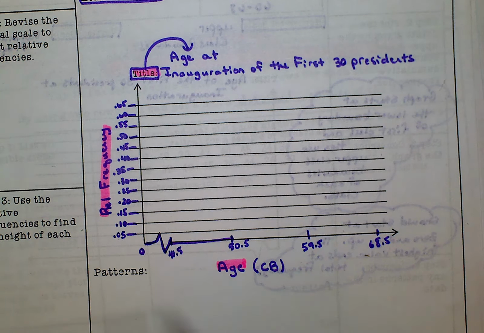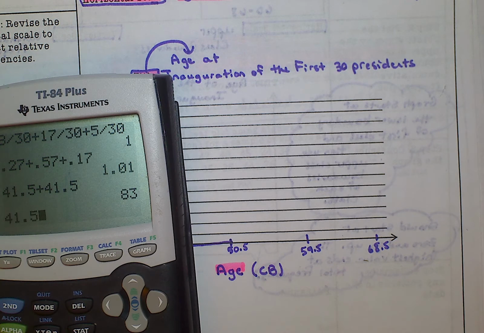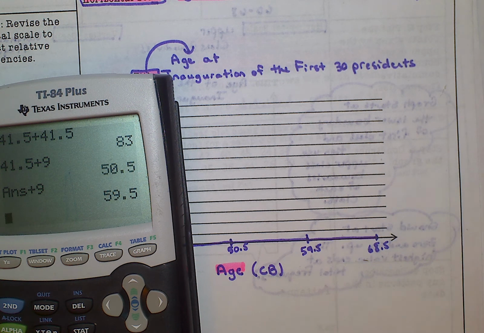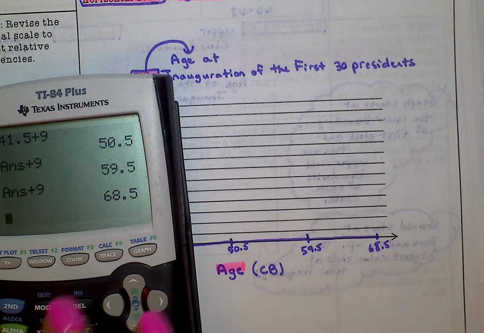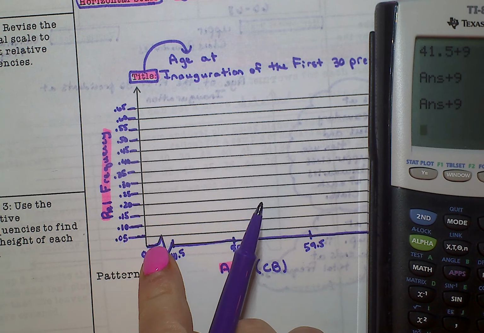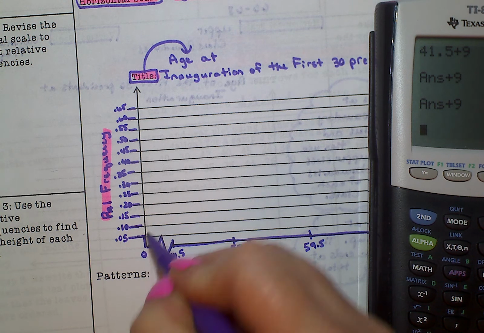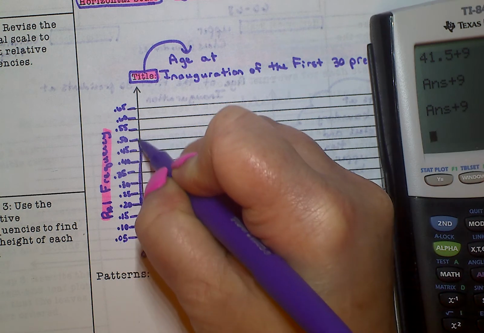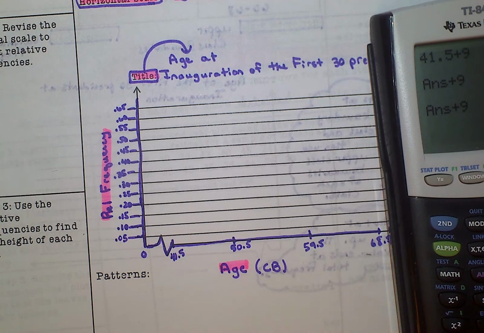So if you notice, 41.5 plus 9 gives you 50.5. 50.5 plus 9 gives you 59.5. And if I add 9 again, I get 68.5. I do not have to break here because I kept that same pattern from 0. So now I'm going by 0.05 each time. So I did not have to break from that point.